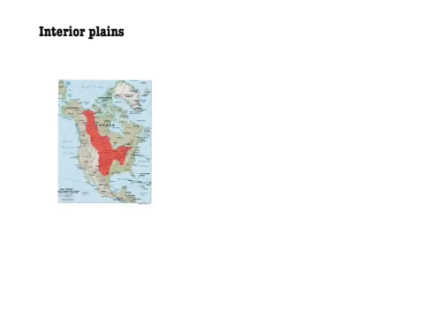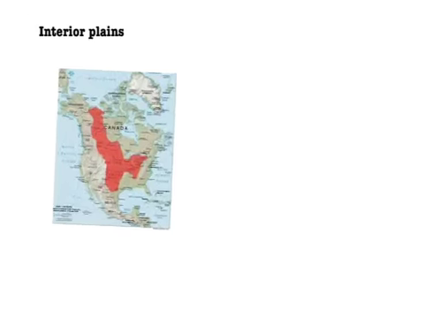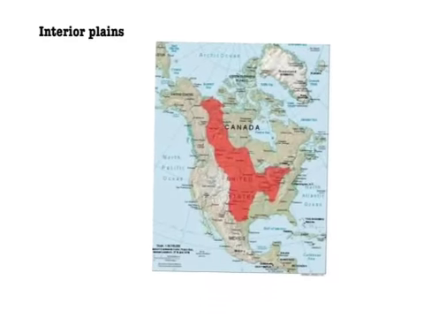And we can identify two different kinds of plains. The first is interior plains. These are plains which are found in the interior, the inside parts of continents. You can see from this picture here that the interior plains are shown in red, that a large part of North America, the interior part, is made of plains.